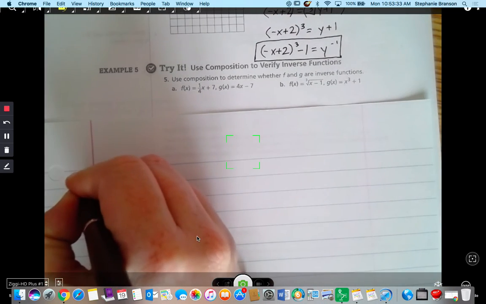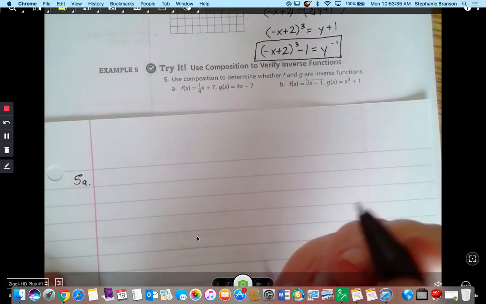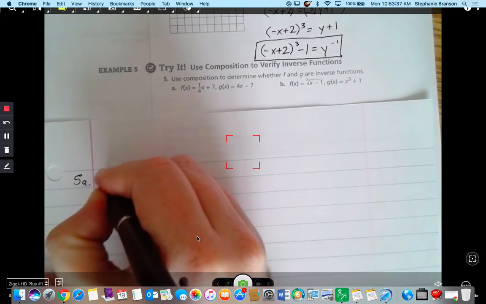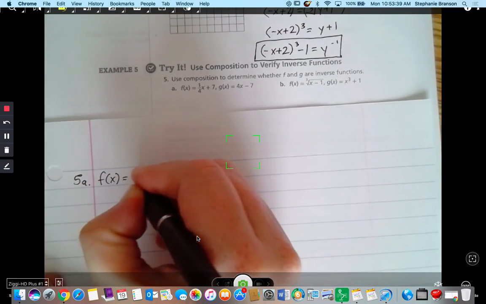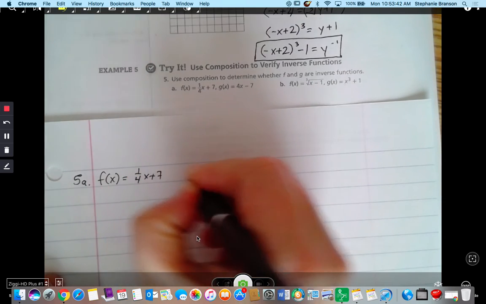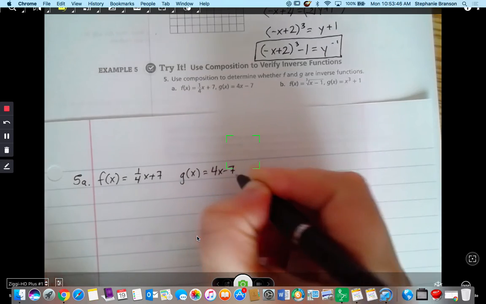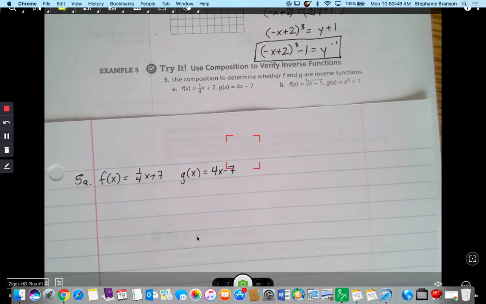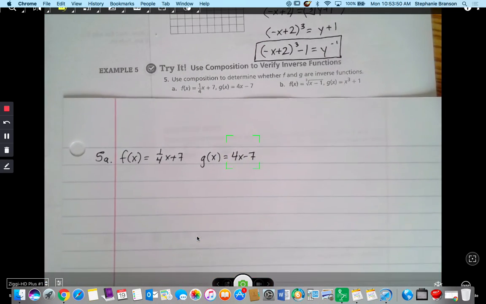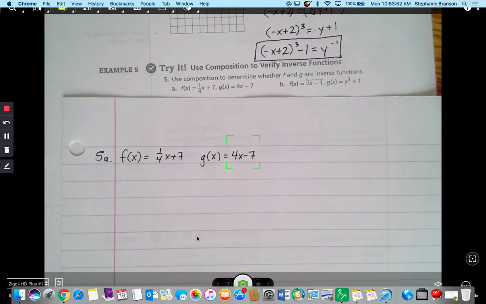So 5A, we got f of x is equal to 1/4 x plus 7, and g of x equals 4x minus 7. I'll give you a second to get that down.